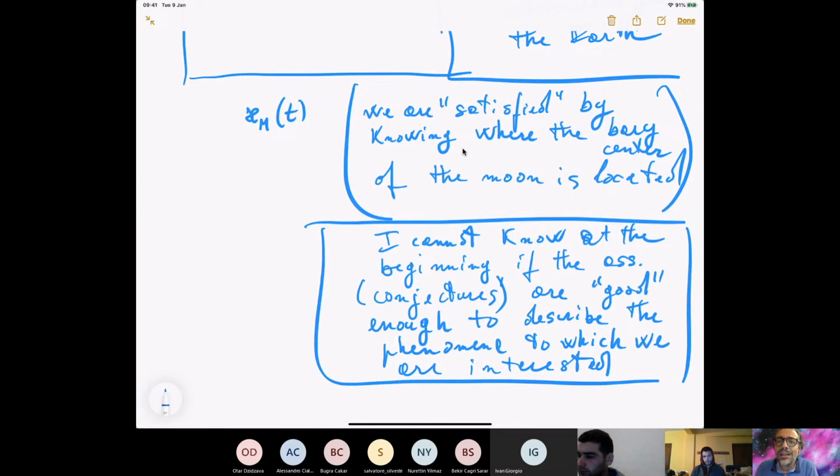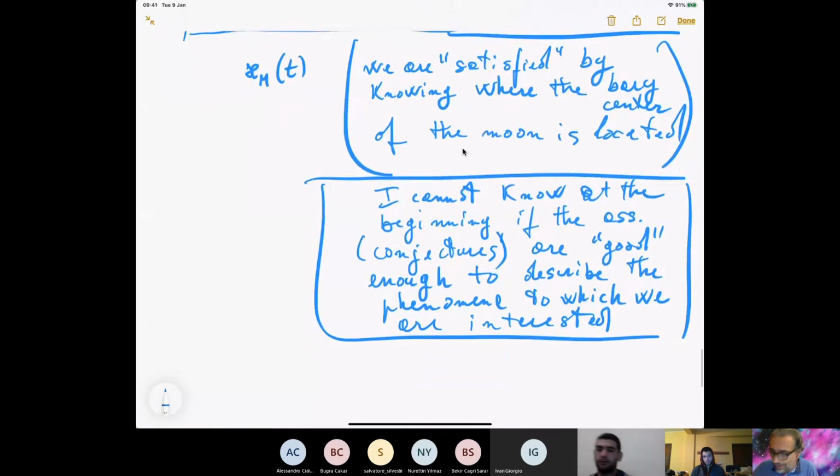These predictions are experimentally verified. We can judge the conjectures only at the end of a long procedure. So when somebody tells you that it is experimentally verified that my assumption is true, they are, in a sense, simplifying too much a very long reasoning. Okay, so let's go ahead.